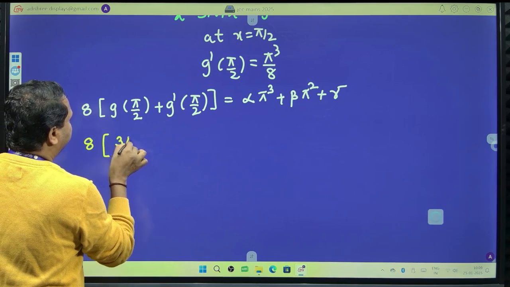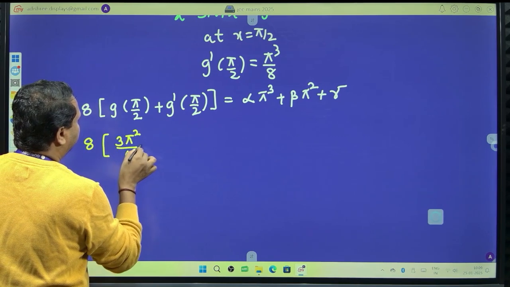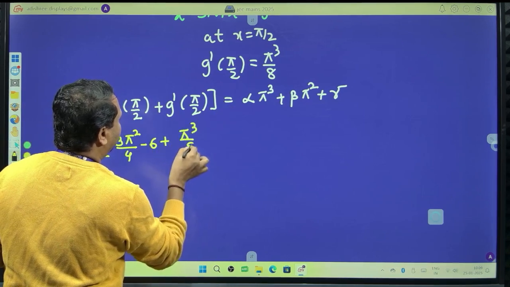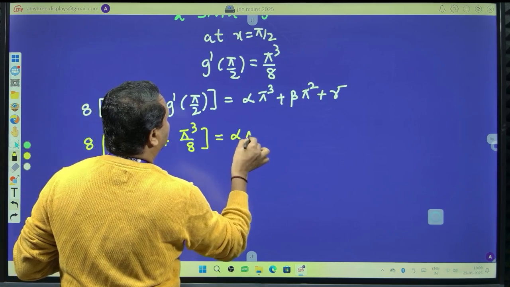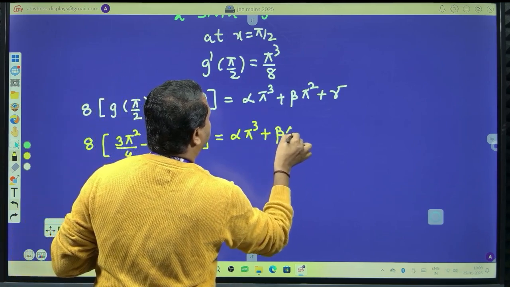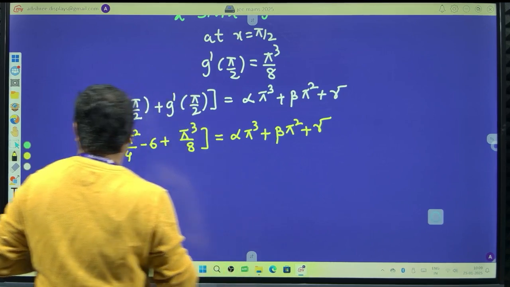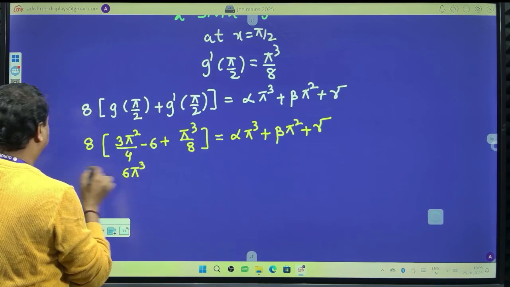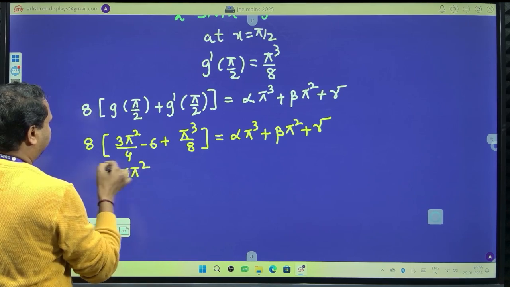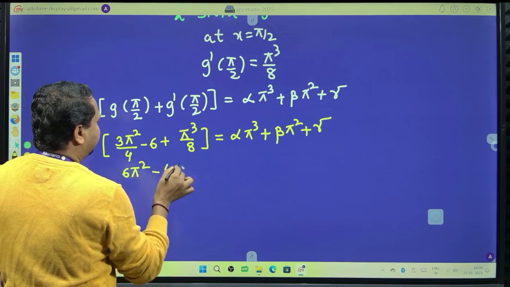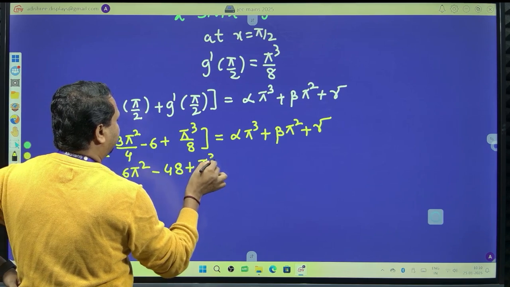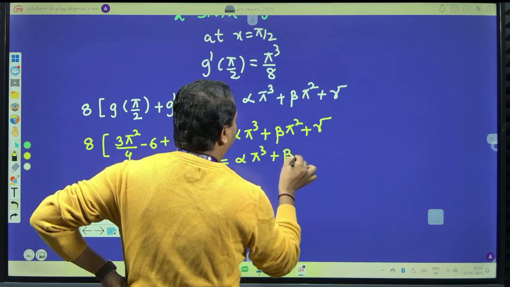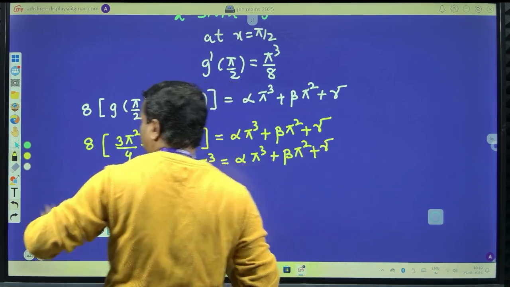This is 3 pi square by 4 minus 6 plus g dash of pi by 2 is pi cube by 8, is equal to alpha pi cube plus beta pi square plus gamma. Multiply by 8. So, 4 ones are 4, 4 twos are 6 pi square. 8 into 6, 48. 8 gets cancelled, pi cube, which is equal to alpha pi cube plus beta pi square plus gamma. So, what you can understand?